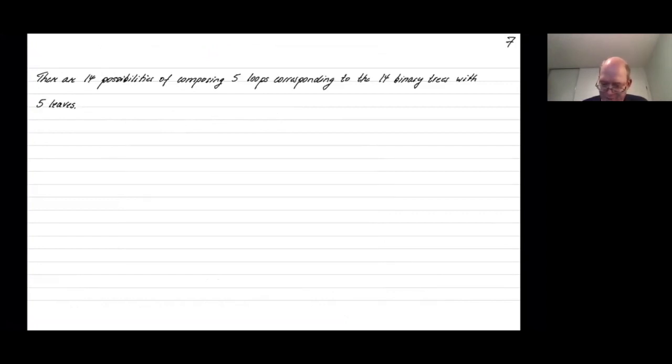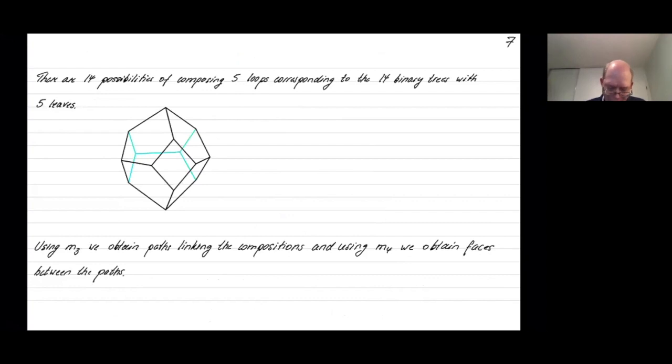Well, there are 14 binary trees with 5 leaves, and these correspond to the vertices of this polytope. And again, using M3, we get edges, homotopies between certain compositions. Then we get pentagons, which correspond to a situation where we only look at 4 composable loops.